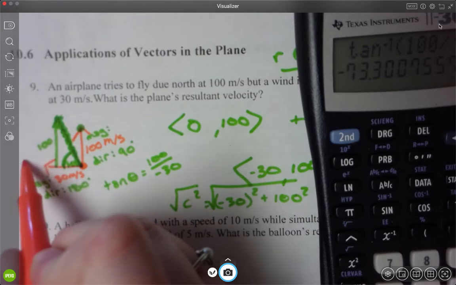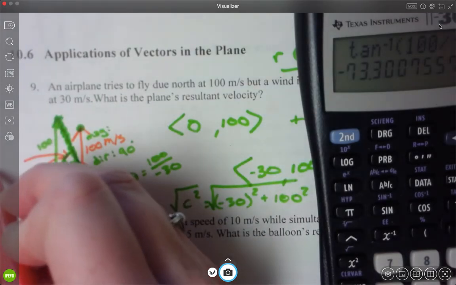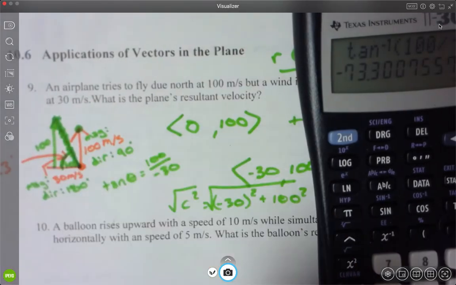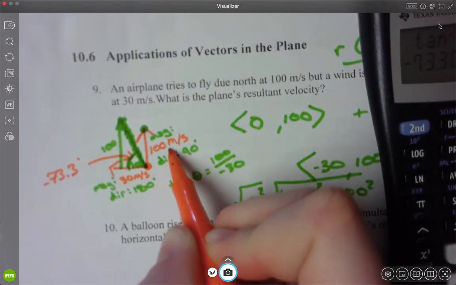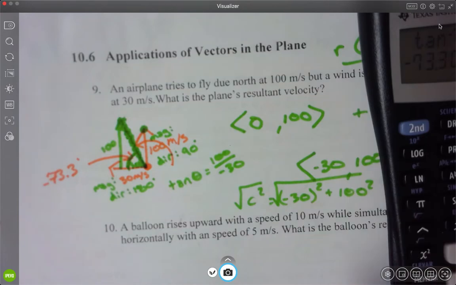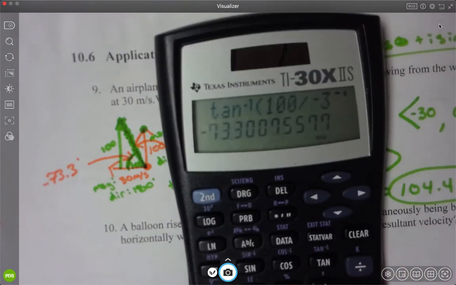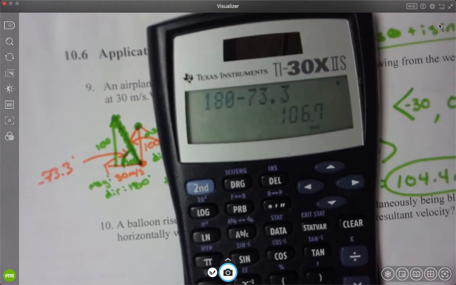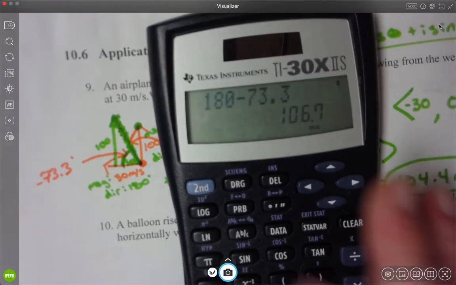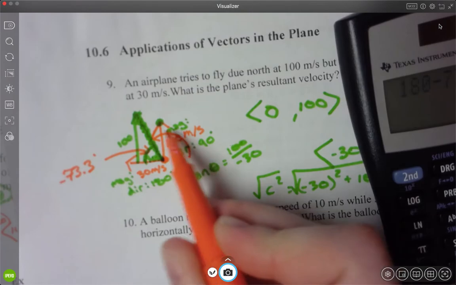So this one right here is a negative 73.3 degrees, which actually, if we go from standard position on over, will be 180 minus 73.3 degrees, which is 106.7 degrees from here all the way over.